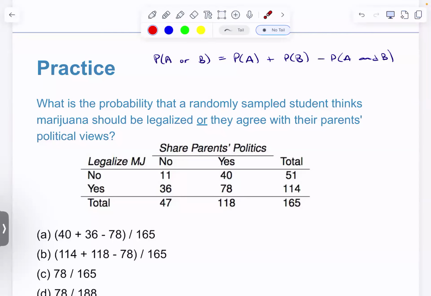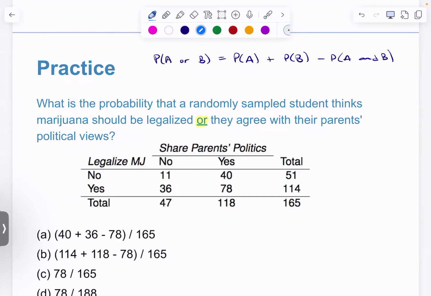You have to pick something to be represented by A and something to be represented by B. Now, what's nice is I see this or here, so I'm really latching onto that or.